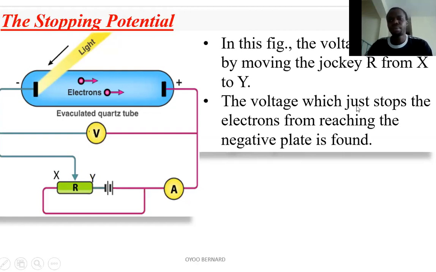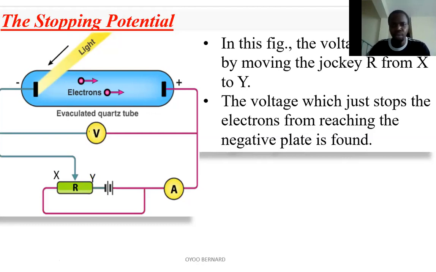Then the voltage which just stops the electrons from reaching the negative plate is found. I think it's something that, as I was varying in that simulation, if you were keen, you could have seen that as we were varying the voltage, moving to the left, there's a point where the electrons were being stopped completely from moving to the right-hand side.